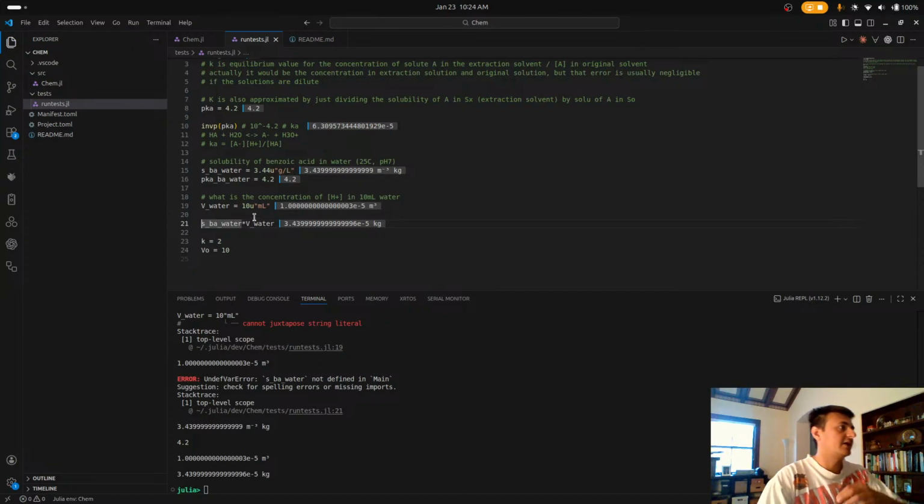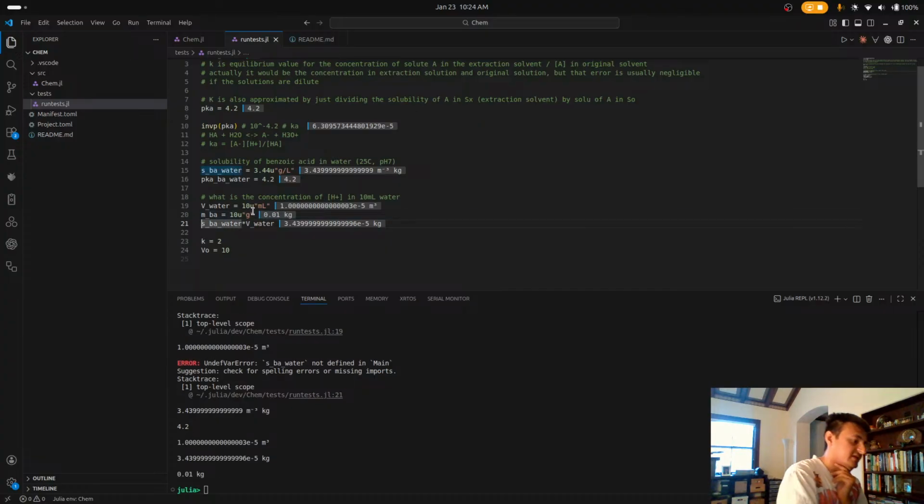And let's say we have 10 grams. This is good practice because just doing this over and over again, you've got to get comfortable with this.